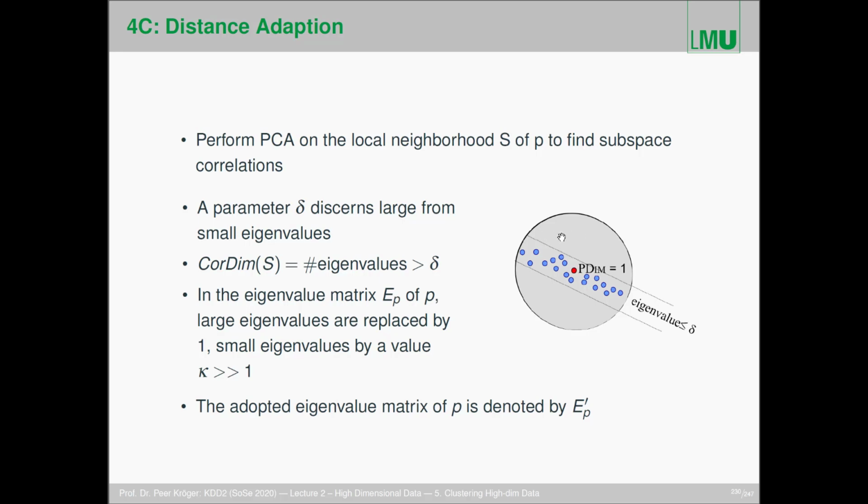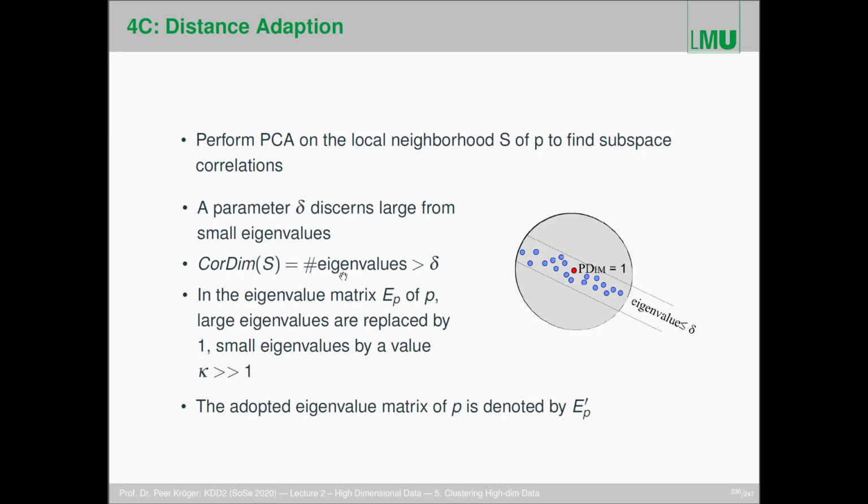And the same actually applies here, but now we don't have an axis parallel variance analysis, but a covariance analysis with PCA. So we still need a threshold, which is delta, which differentiates between small and large eigenvalues. We use the so-called correlation dimensionality of the neighborhood of a point as the number of eigenvalues that are greater than this threshold, so the variance along those eigenvectors is greater than this threshold.